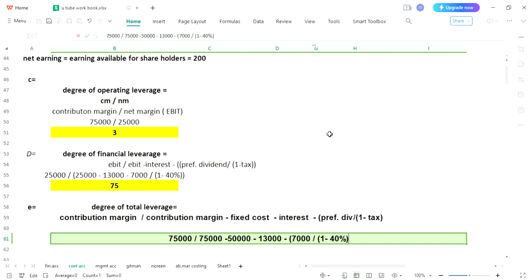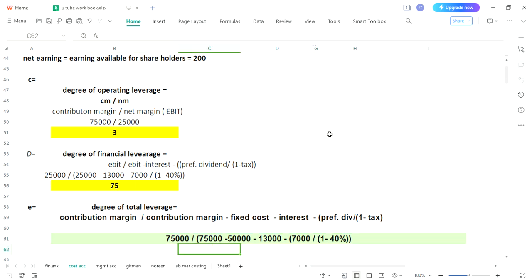Alright guys, so in this way you can complete your degree of total leverage. Amounts have been posted. We can now calculate. 75,000 divided by bracket start 75,000.